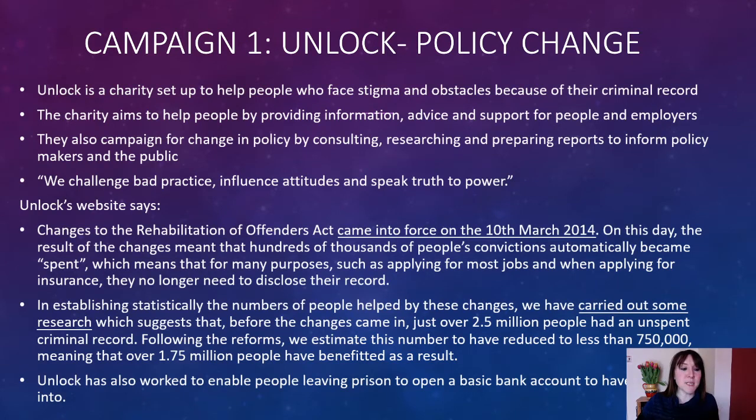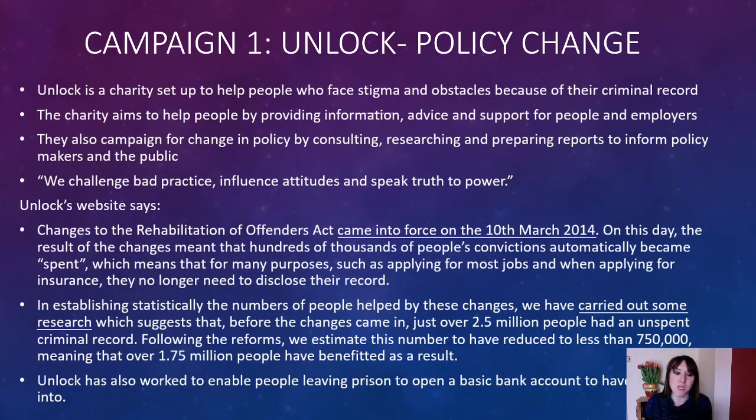The Unlock website says that changes to the Rehabilitation of Offenders Act came into force on the 10th of March in 2014. On this day, the result of the changes meant that hundreds of thousands of people with convictions automatically became spent, which meant that for many purposes, such as applying for most jobs and when applying for insurance, they no longer need to disclose their record.